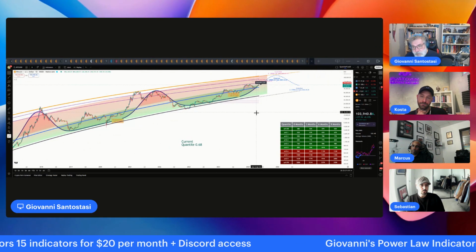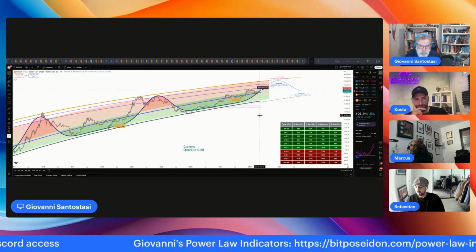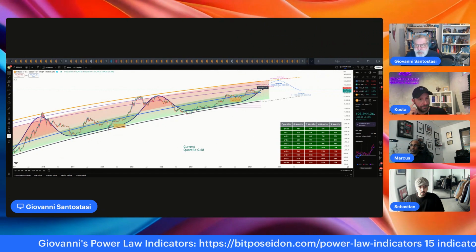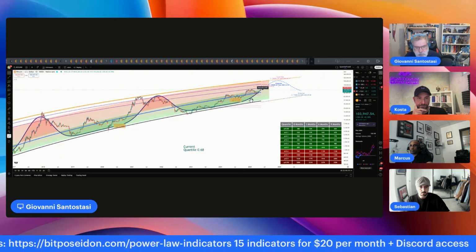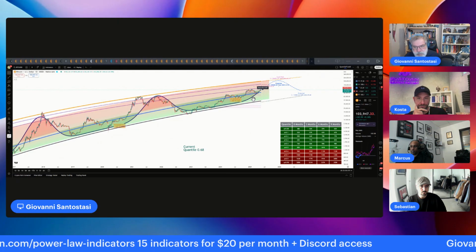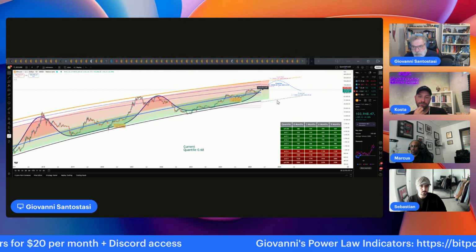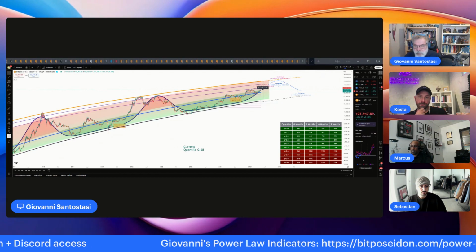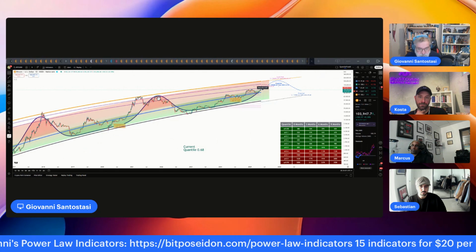I explained it several times, but I need to explain it a little bit better. What it does is try to have, in one single graph, all the different information that we discovered about the power law, for example, the support line.